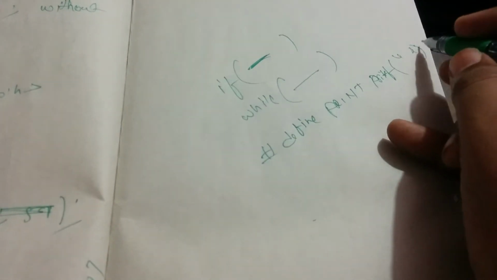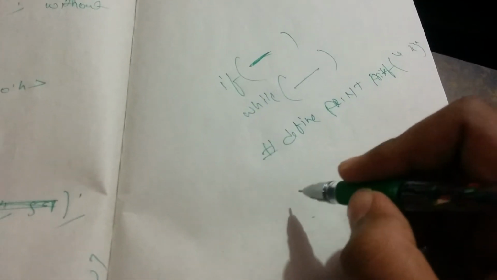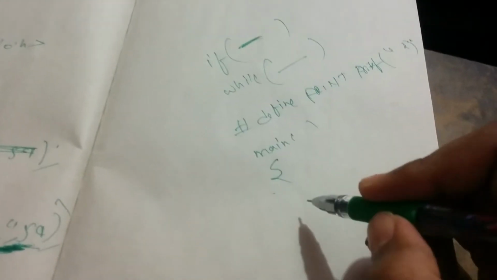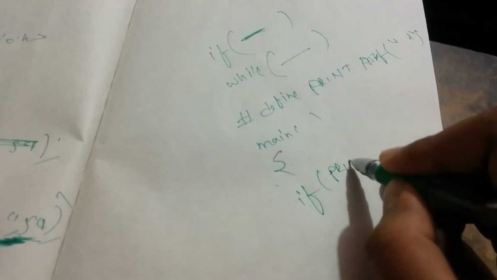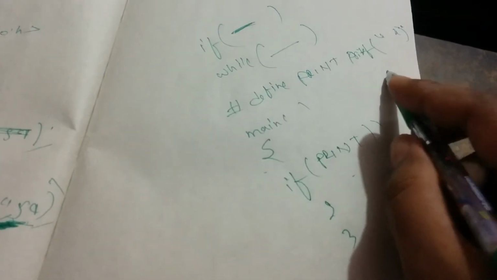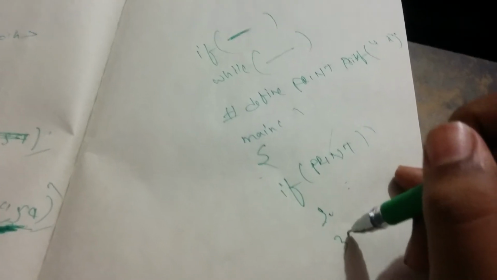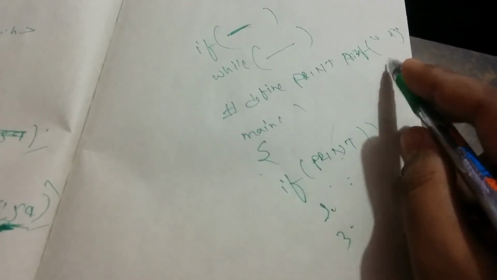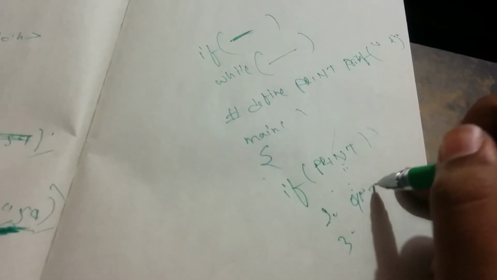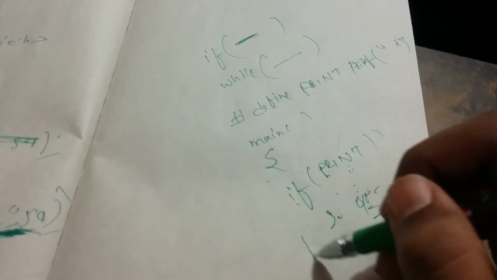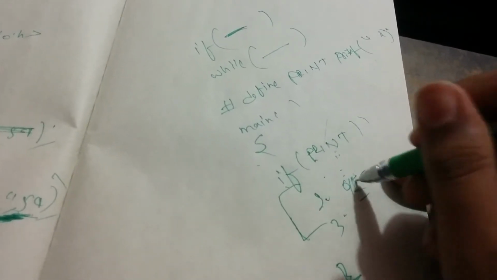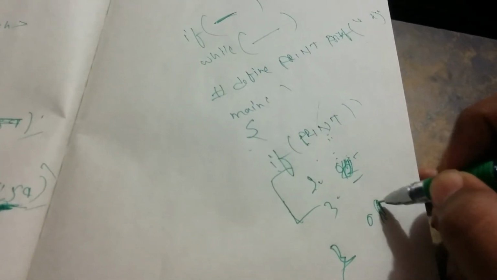Within main we wrote print within the if block, and it gets replaced during the pre-compilation phase as printf hello world. Hello world would be printed, and it returns 10, and we choose not to enter into the block though it is a positive, true condition. We don't write anything in between it. The output is hello world.